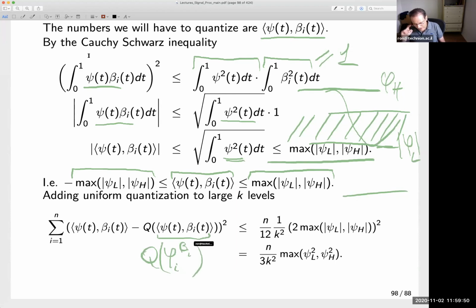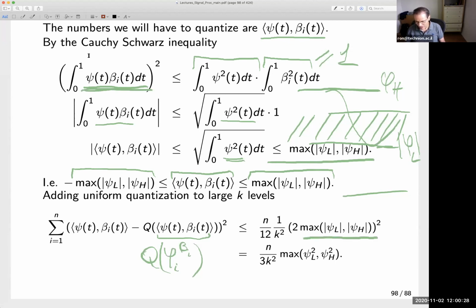We have already seen that the error would be smaller than the square projection of psi over the betas. So what we can immediately write is that, if we sum over n, it would be n divided by 12, and 1 over k squared. This is what we have seen before. But here, instead of this term, I can immediately plug in the max of these values.